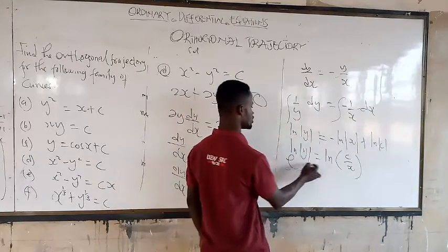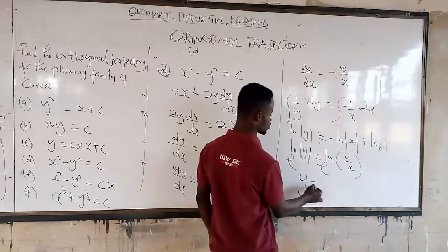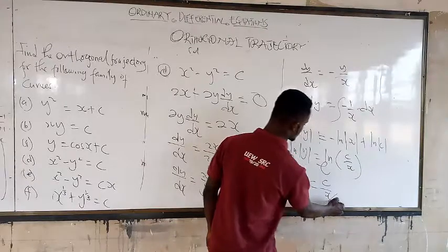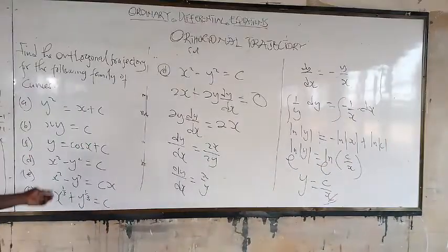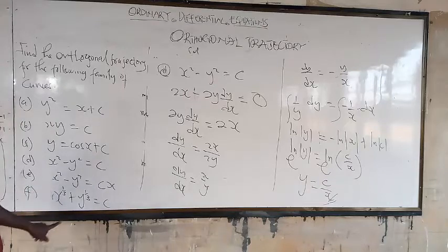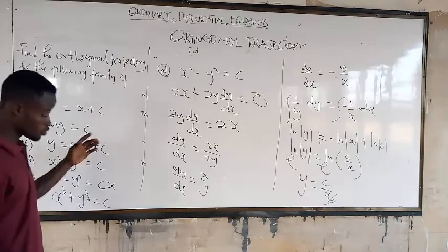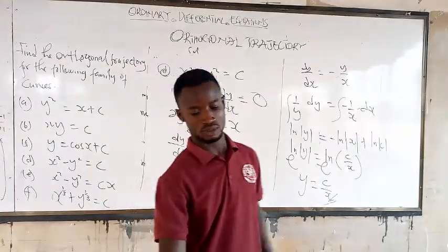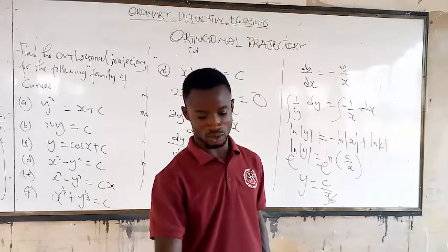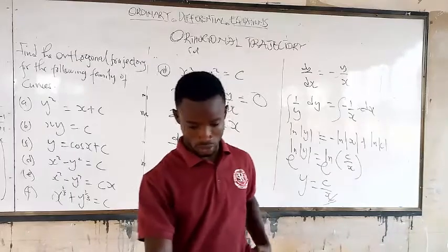Alright, so take e of both sides, so you get y is equal to c over s. And then we have the final answer for that. Continue with the rest. Solve this, solve that. So I leave the 2 questions for you to go and try.